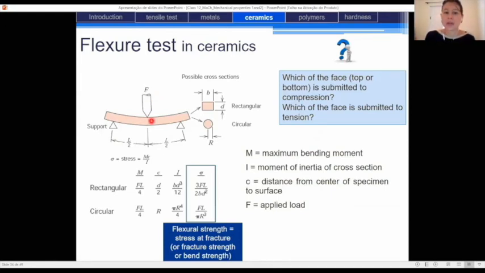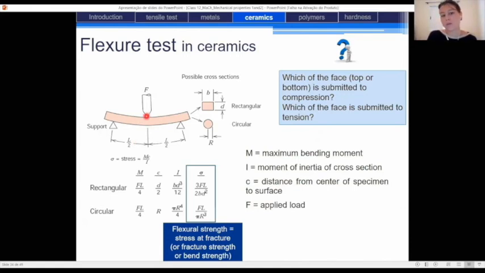This force is applied at the middle, at an equal distance between the two supports. The bar is either rectangular or circular, and different regions of the sample will be under different stress.